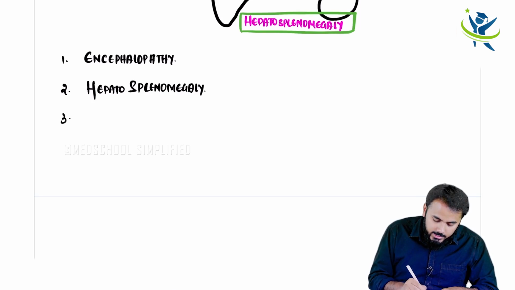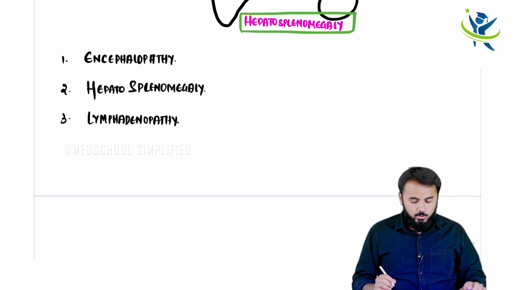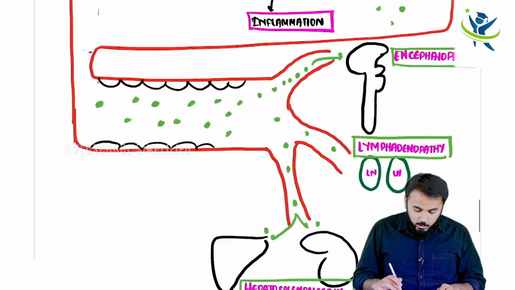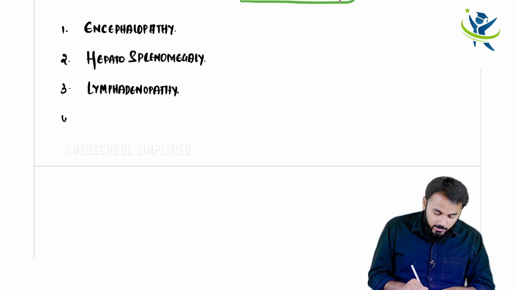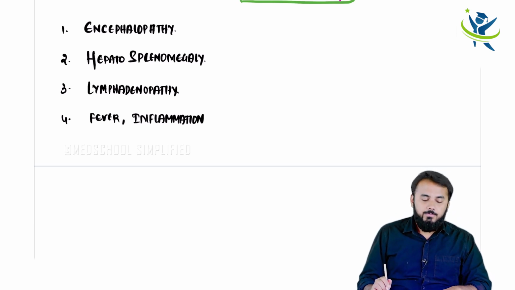The third condition is lymphadenopathy. Not only lymphadenopathy, guys, you even have fever as well as inflammation, right? And why do you have fever and inflammation? Because of your macrophages.